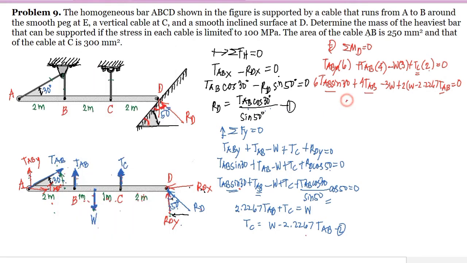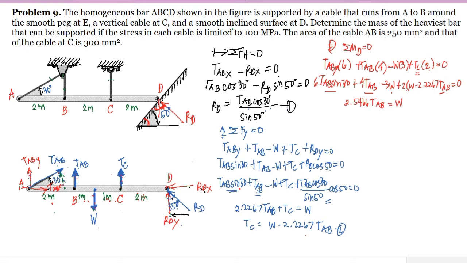So this is 2.5466 TAB. And for the W, since you can see here, this is negative 3 plus 2, so it's negative 1, and kung ililipat natin sa right side ng equation, that would give us positive 1.